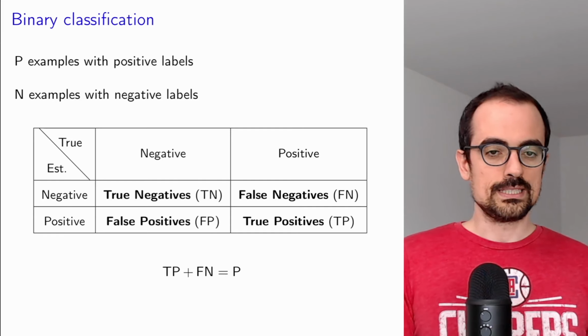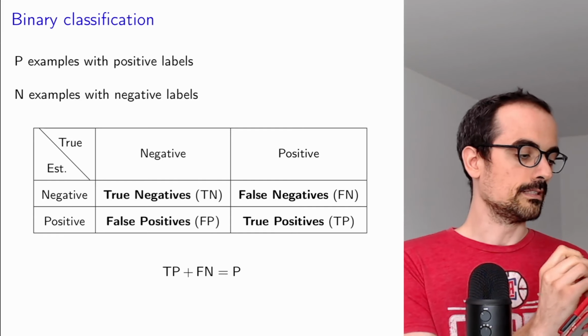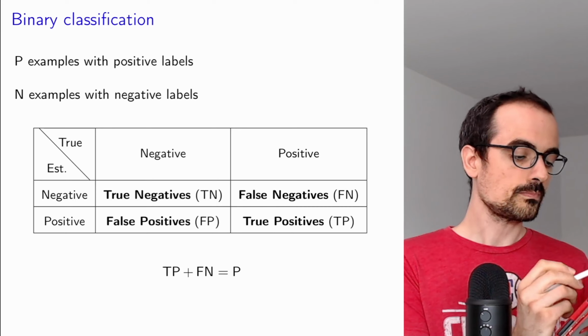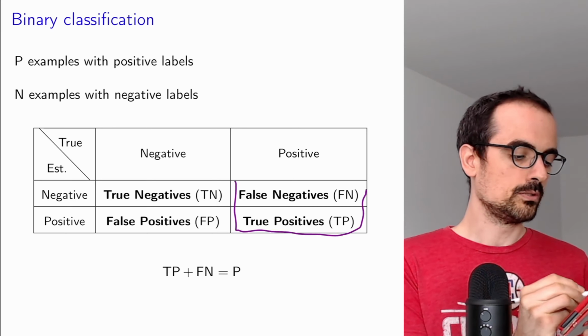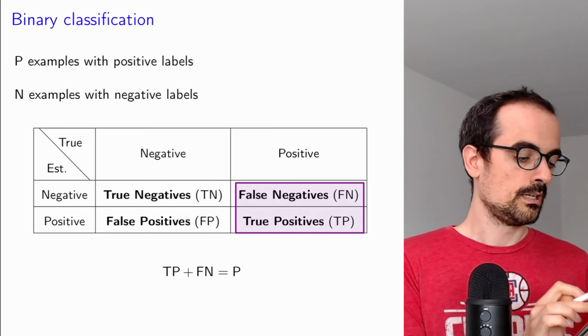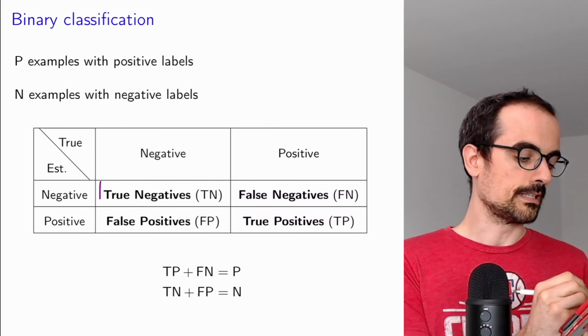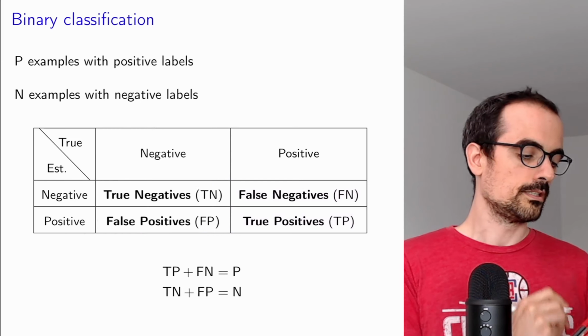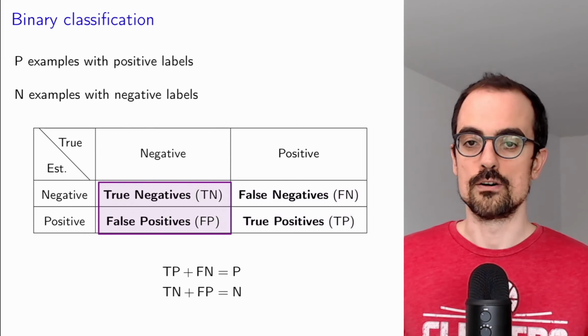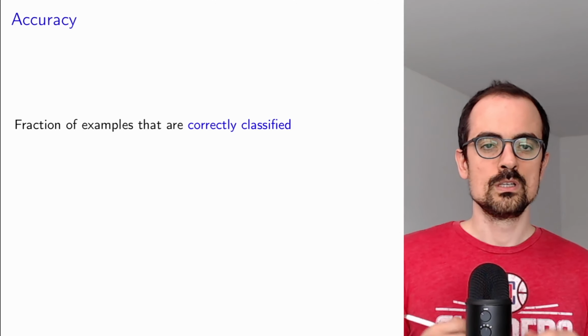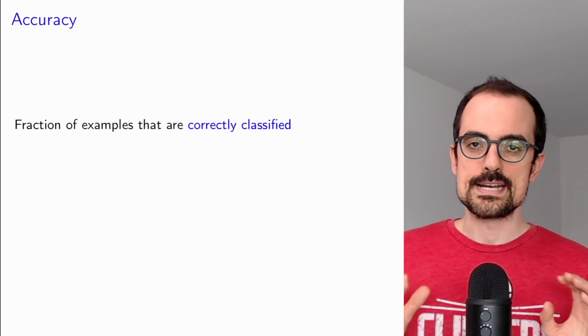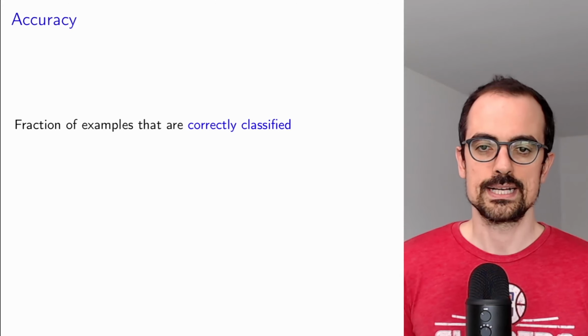Realize that if we take the true positives and the false negatives, they're going to add up to the total number of positives. And if we take the true negatives and the false positives, they're going to add up to the total number of negatives. All right, with that in place, we can now define the different metrics.